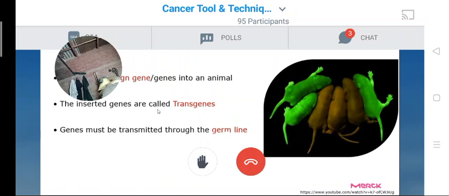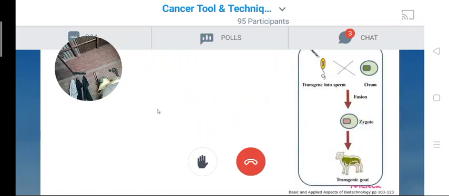So, what are the various steps involved in the production of a transgenic mouse? Now you have to understand that you have to construct a transgene first. When I say construct a transgene, you all know that without a promoter and without a terminator, no gene can be expressed.